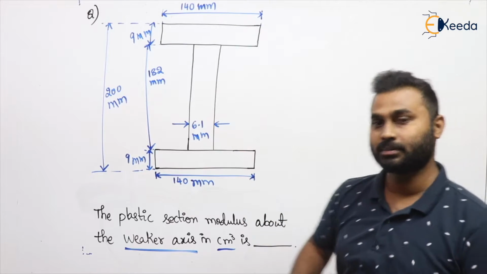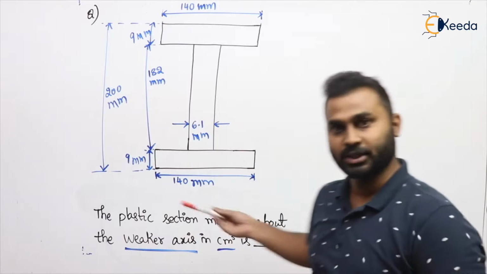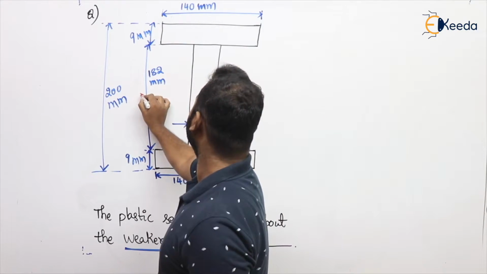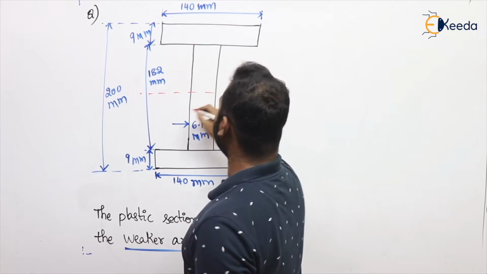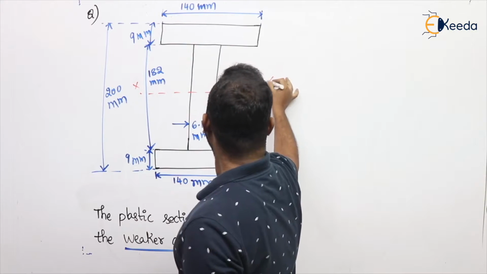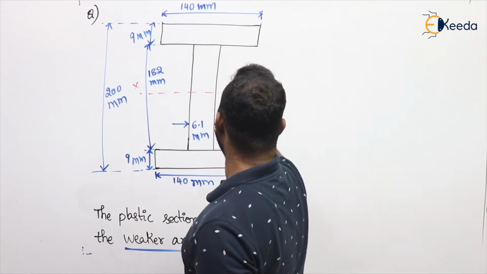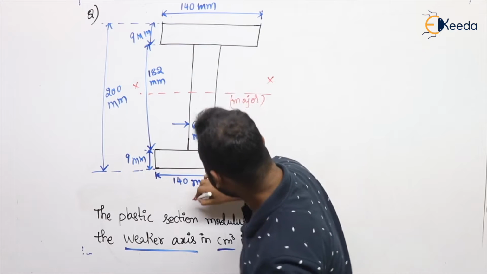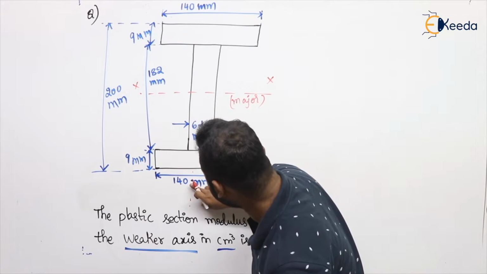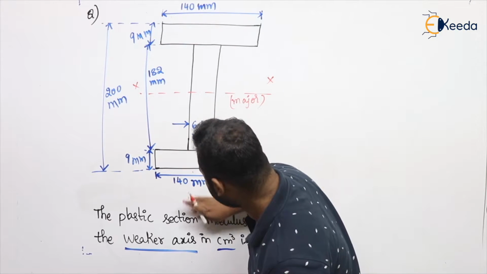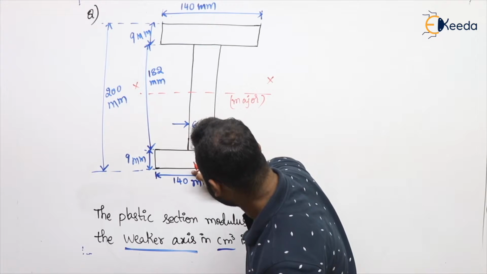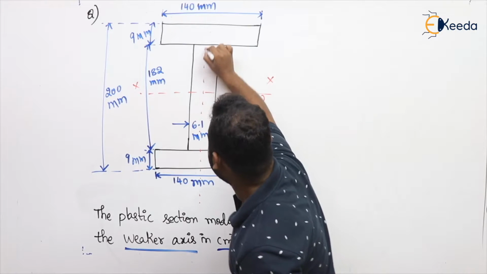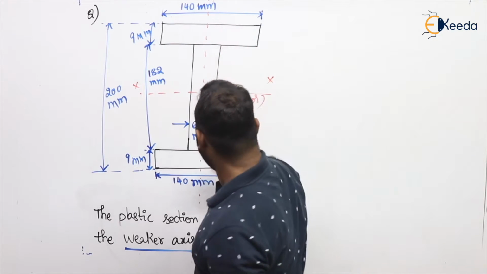For the given I section, there exist two axes. This is one axis, XX. So this XX is considered as the major axis. And this is one more axis, YY.